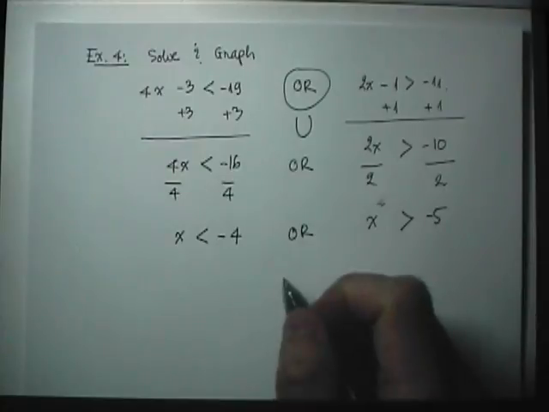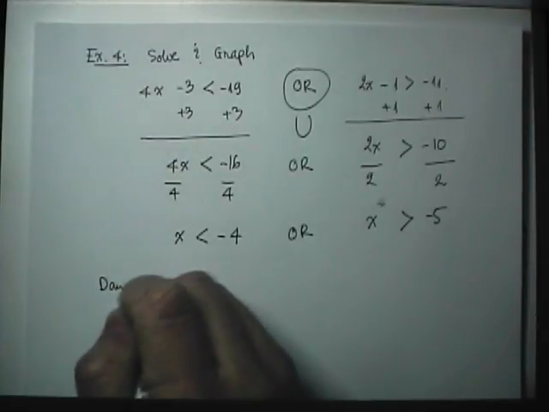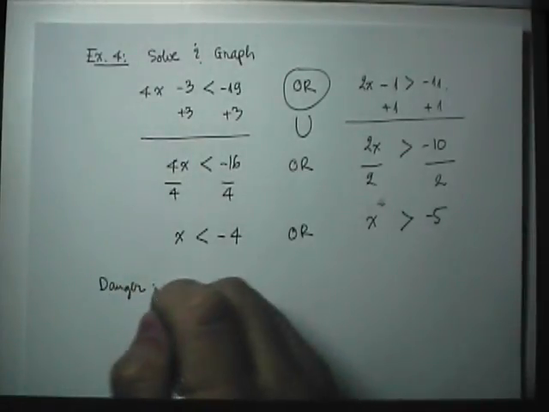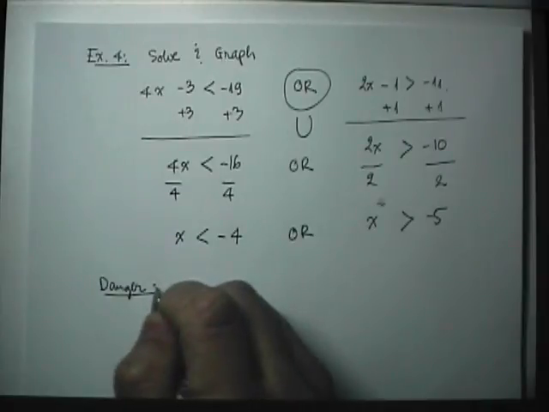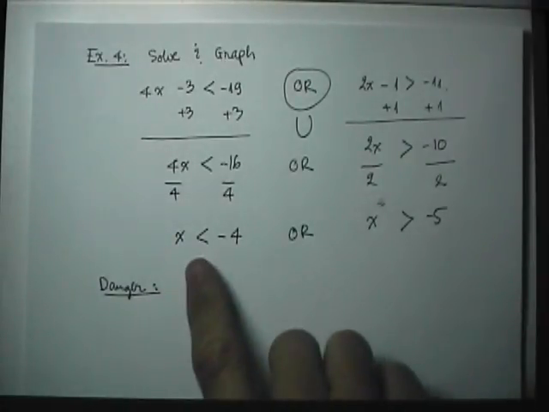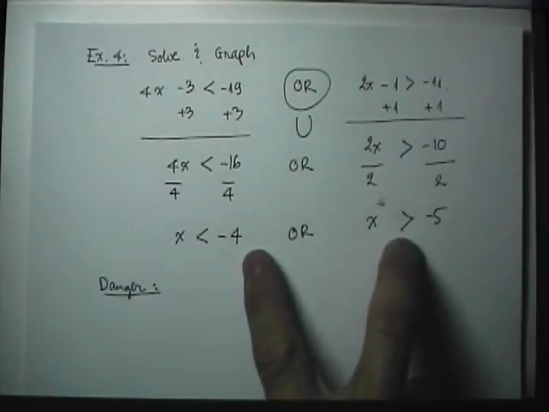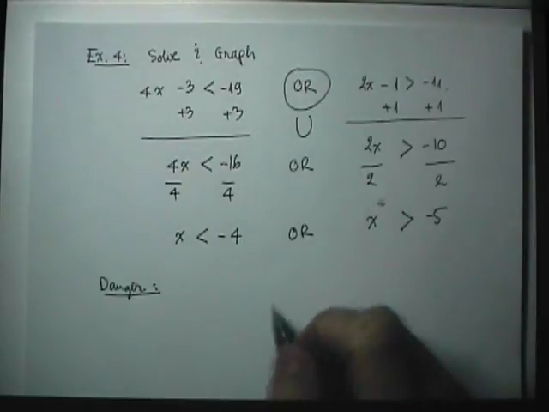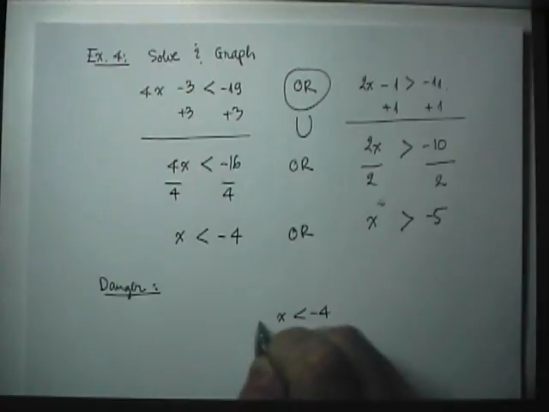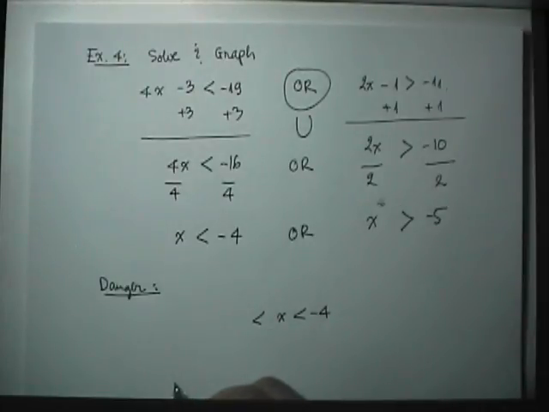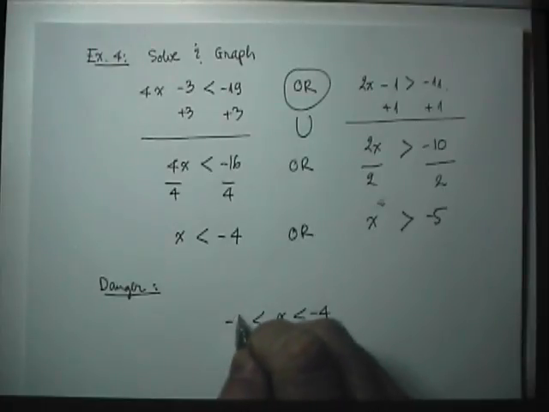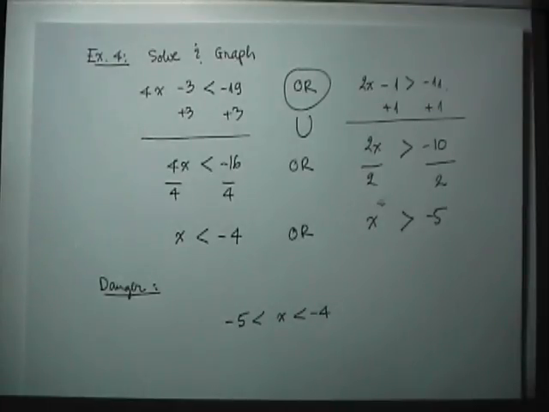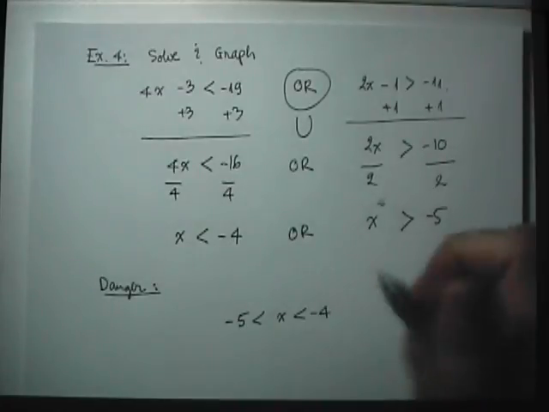Now, there's a danger point here that try not to do. Okay, there are a lot of students of mine that have been doing this. A lot of students of mine have been trying to combine all this here into like one inequality like this. Okay, so please don't do this.